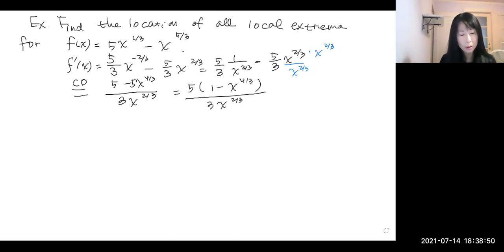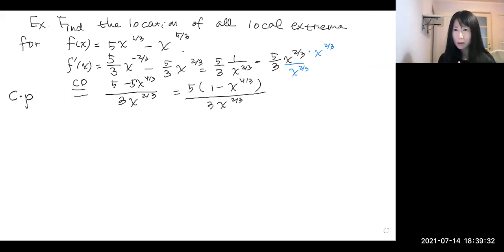Critical points, how do you find the critical points? There are two definitions of a critical point. One is f prime of x equals 0, right? The second one is f prime is undefined, right?